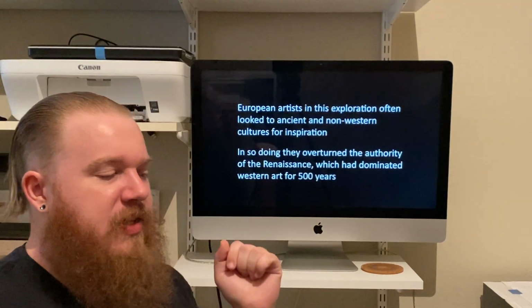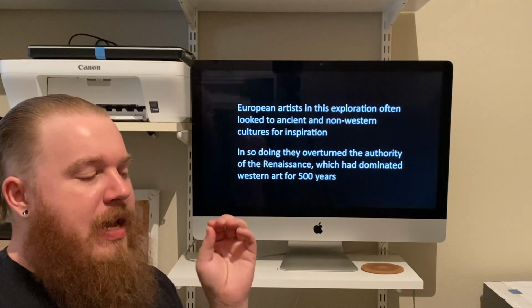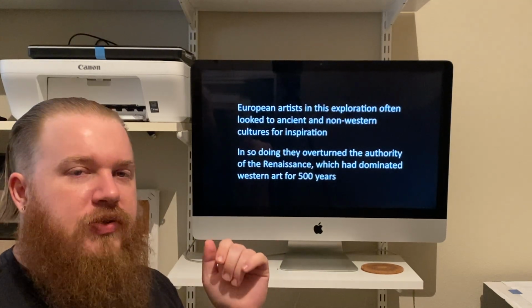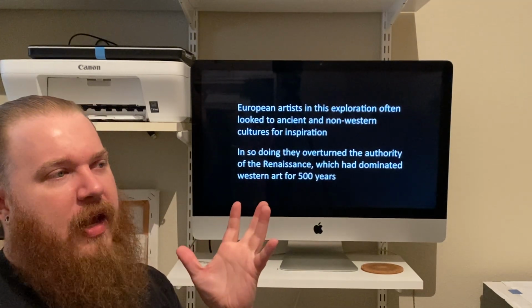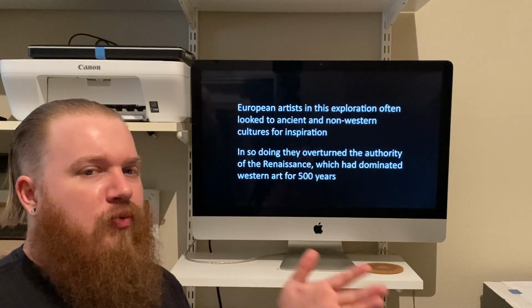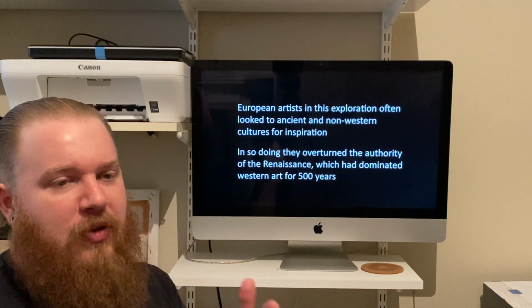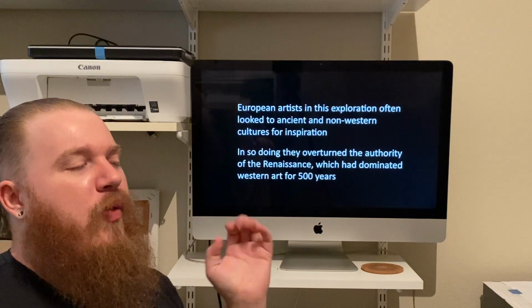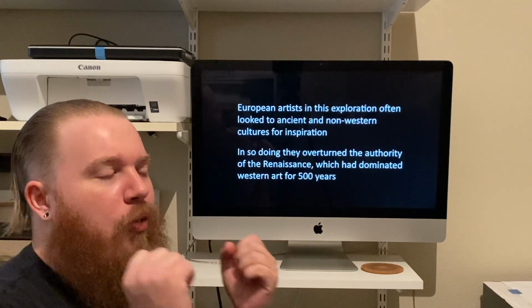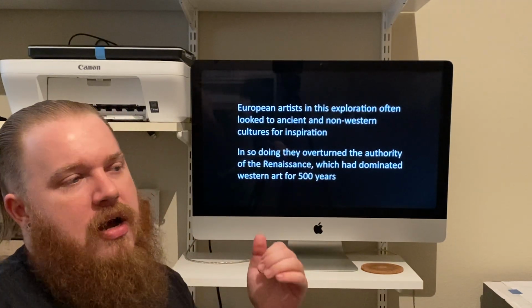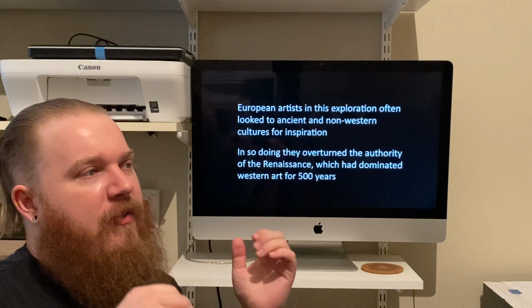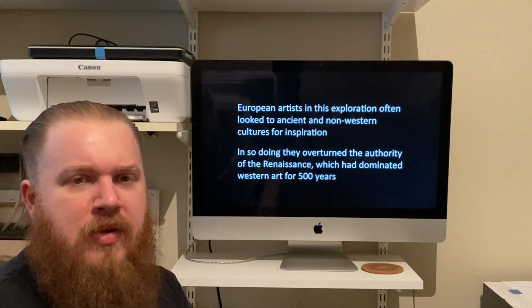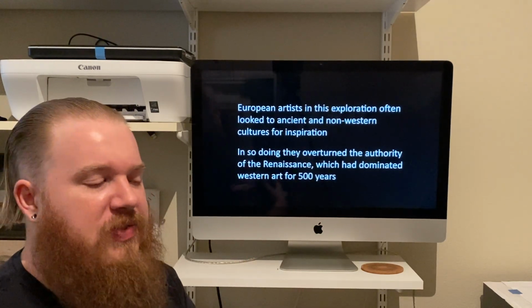European artists in this exploration often look to ancient and non-Western cultures for inspiration. So instead of looking back to ancient Greece and Rome, which was very predominant from the 19th century back, we start to look at the artwork of sub-Saharan Africa, of ancient Egypt, of Asian or Polynesian cultures and things like that.